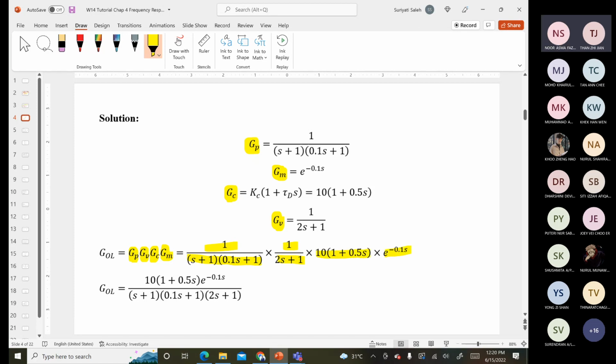For this part, you can see from the slide, you have the 10 in bracket 1 plus 0.5s, exponent negative 0.1s in the numerator. And on the denominator, the bottom part of your equation, you have s plus 1, 0.1s plus 1, and 2s plus 1. In this case, you don't need to expand the equation.